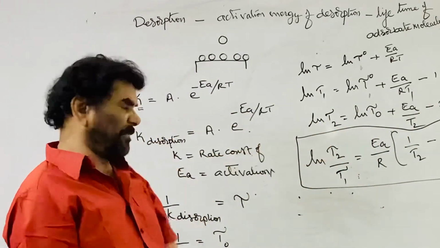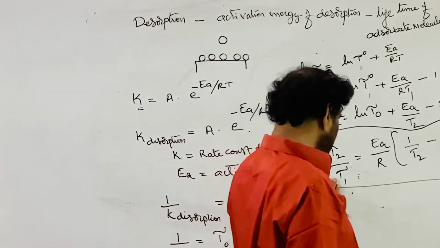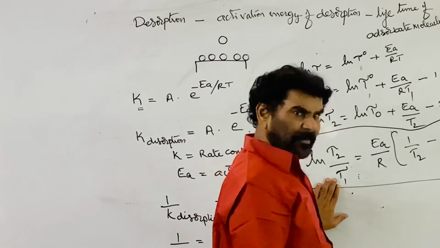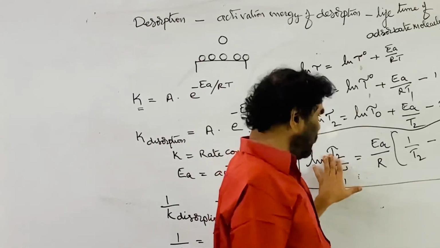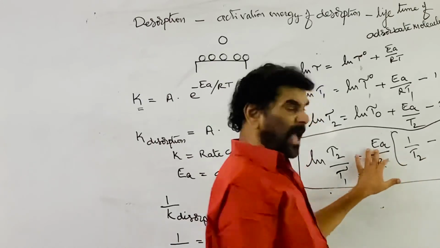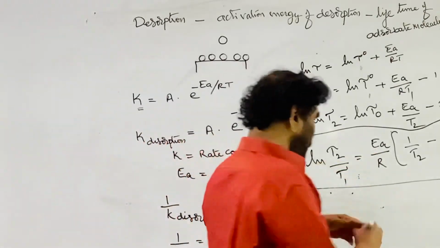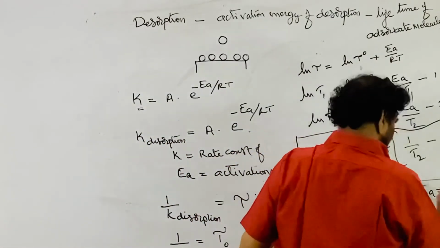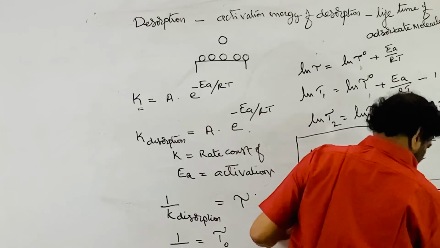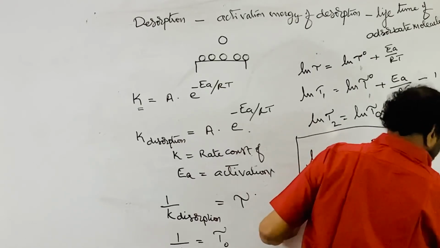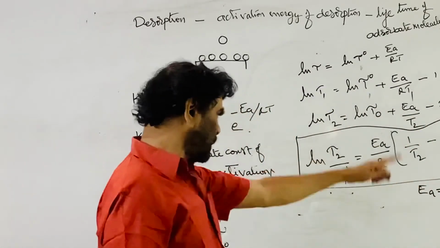This is looking like an Arrhenius equation, the integrated form of the Van 't Hoff equation. Tau 1 is the average life of the adsorbate molecule when the temperature is T1, and tau 2 is the average life when the temperature is T2. EA is the activation energy of desorption. T1 and T2 are different temperatures.